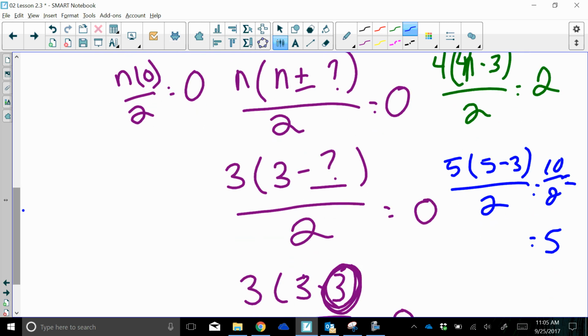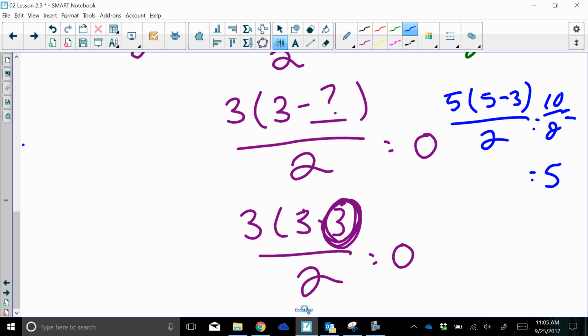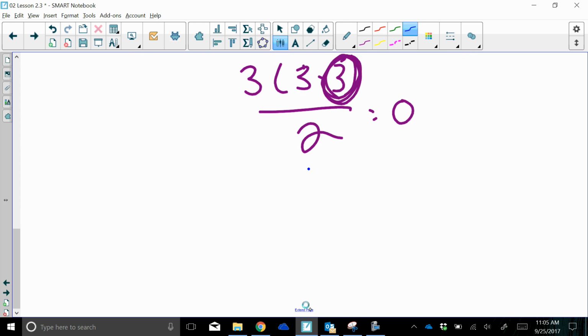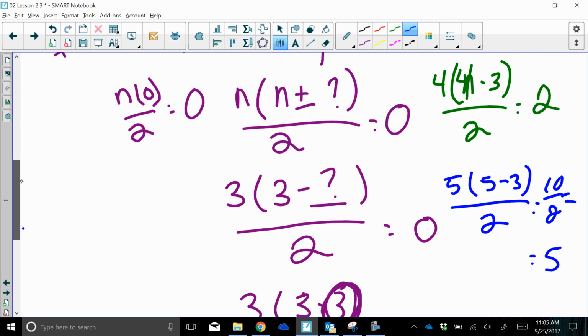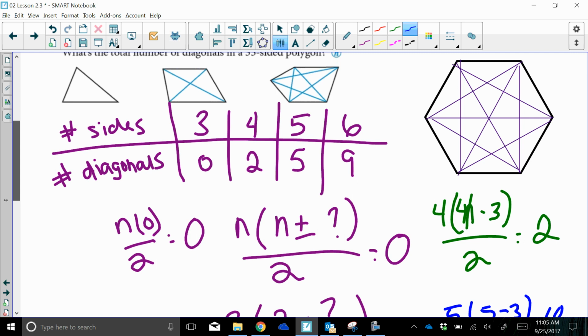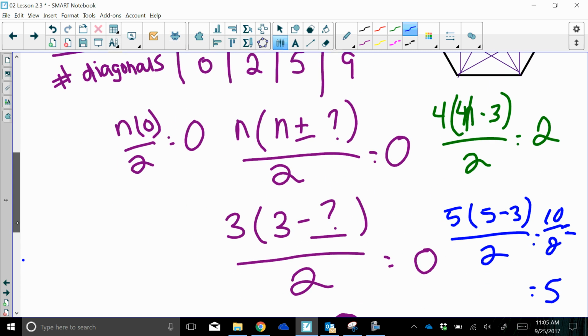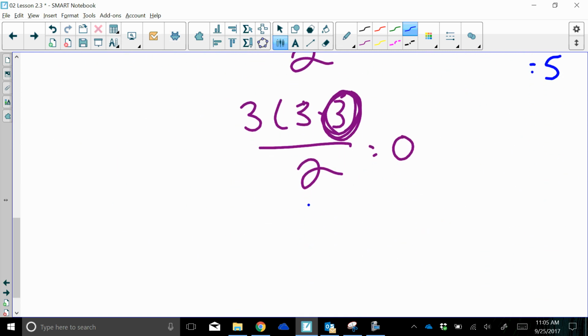So for a 35-sided polygon, we can use that same model. And so again, the important part of this is recognizing that this is a triangular number pattern. Goes up 2, goes up 3, goes up 4. So we have to recognize that this is a triangular number pattern before we can write the model n times n minus 3 divided by 2.